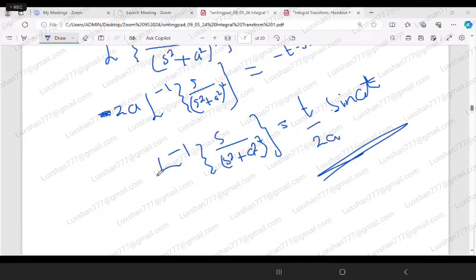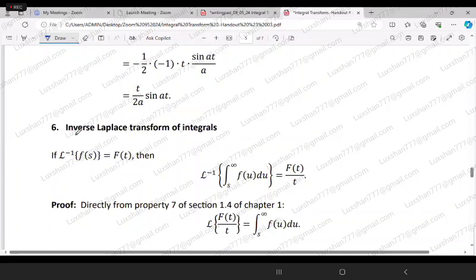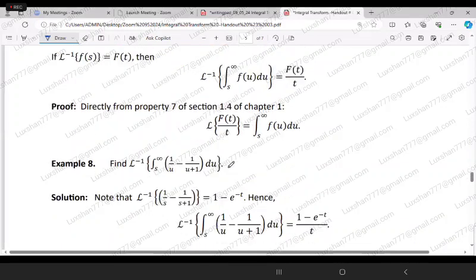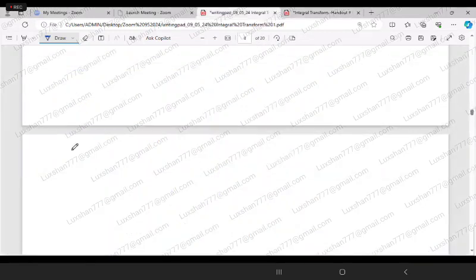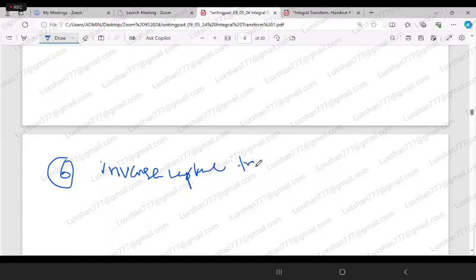So next one, that is the inverse Laplace transform of integrals. Okay, inverse Laplace transform of an integral. So that is very straightforward. Next one, the sixth one, I think, the inverse Laplace transform of an integral.